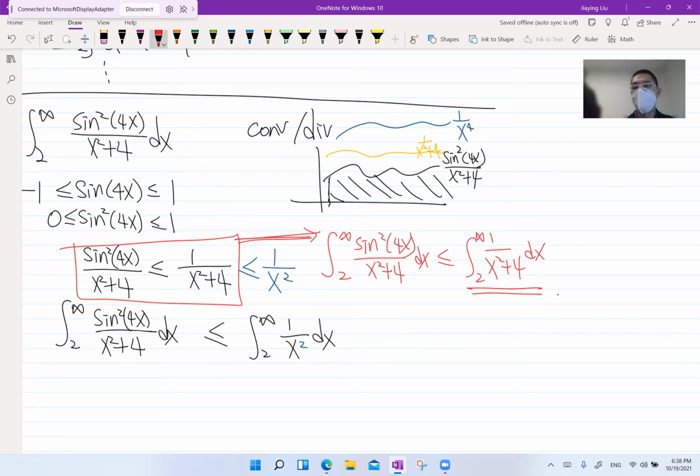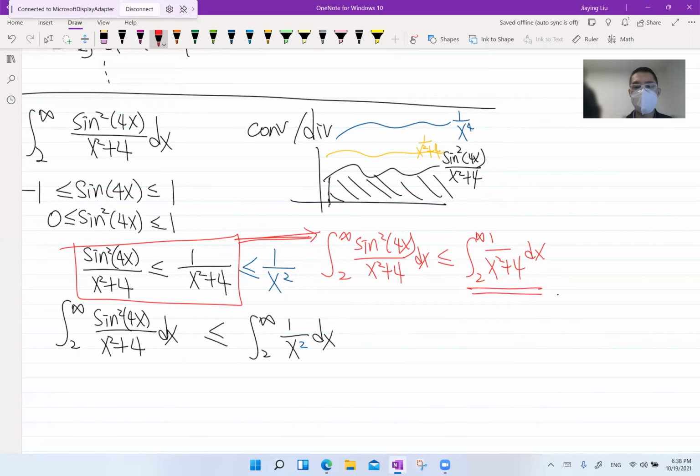I believe you can integrate this one, but it may not be an easy integration. I think it gives you something like an inverse tangent, or arctan, if I remember correctly. Then you can take the limit of the arctan function at the end, and still conclude whether it's convergent or divergent.